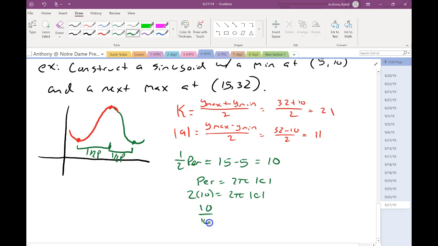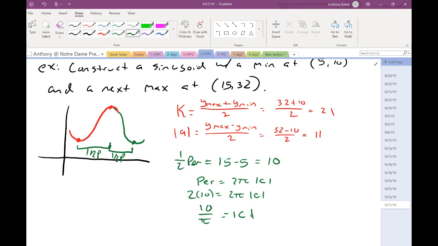And so I get that the absolute value of c is pi over 10. So now all we need to do is determine the signs on A and C, figure out the value for H, and pick the function that we want to use.